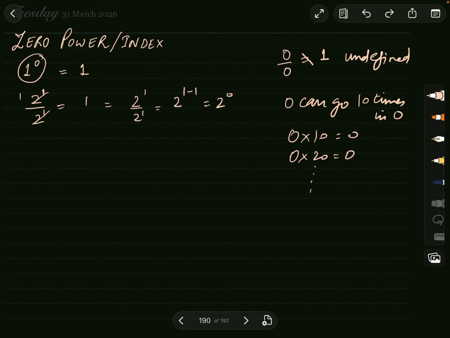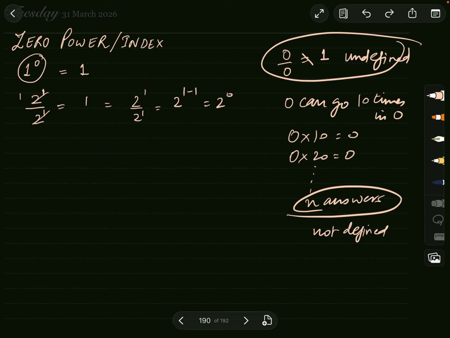You are going to have n answers for it. So n answers means the answer is not defined. We are not having a defined answer for this kind of question. Hence, we say that only for values which are greater than 0 or less than 0, but not zero, the 0 power is going to yield a 1.